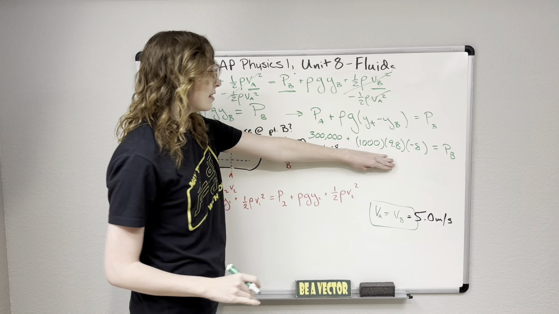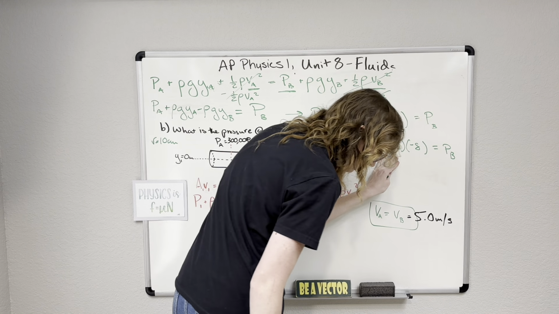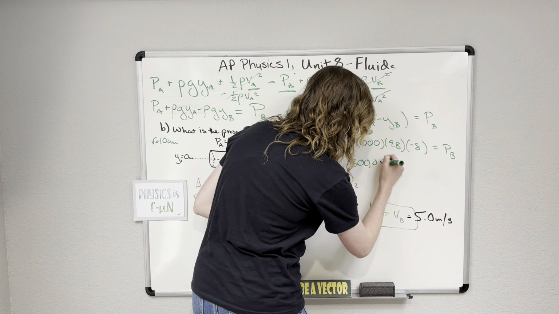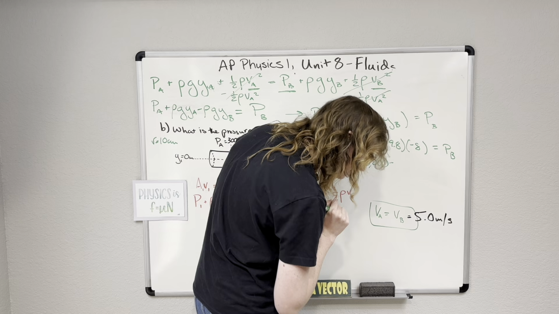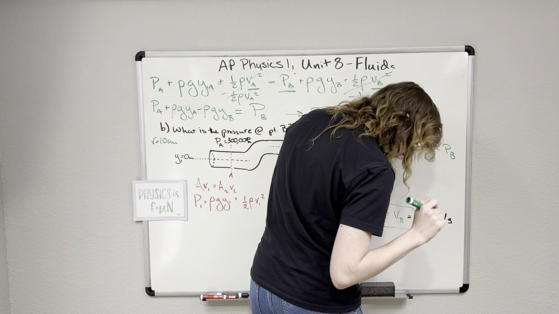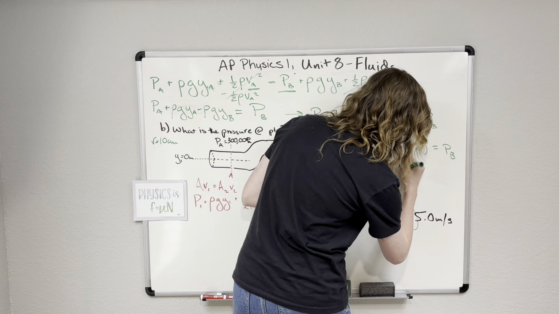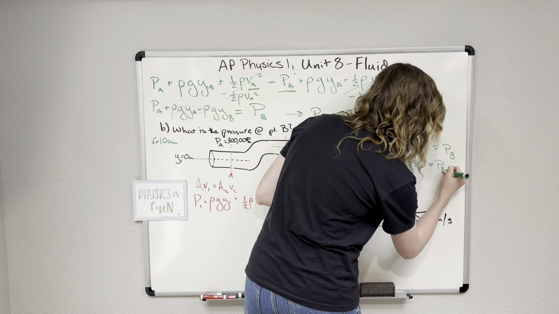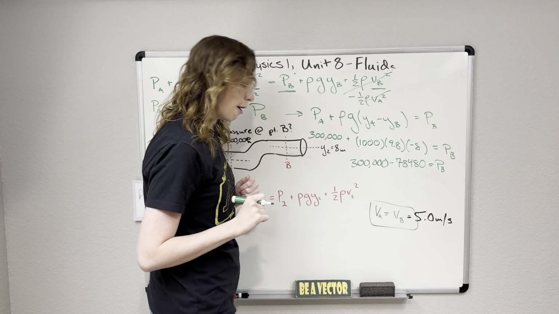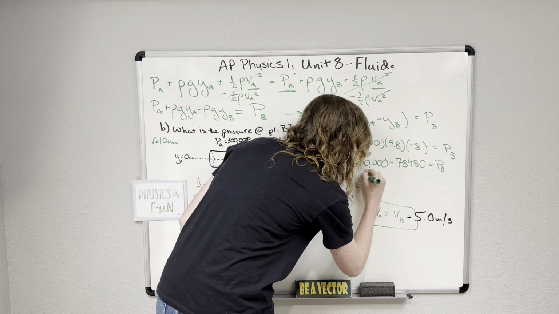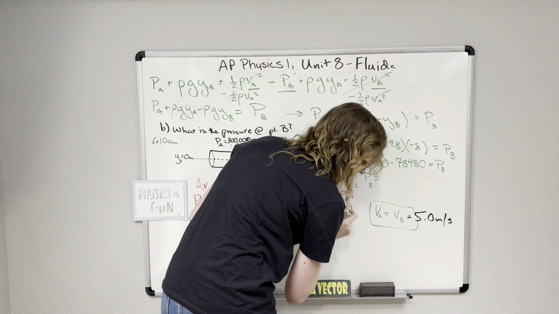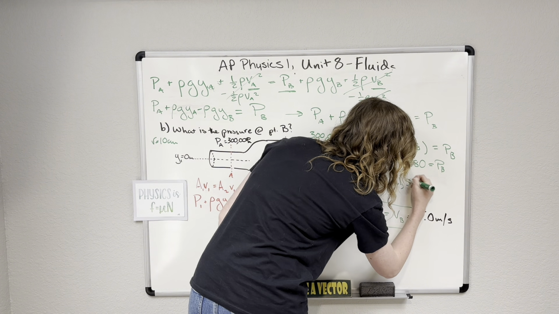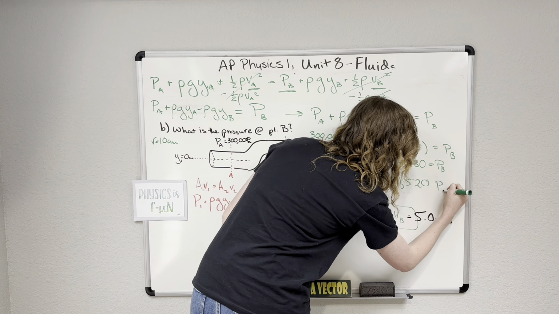And when you plug this all into your calculator, you end up getting that this is 300,000 minus 78,480 is equal to my pressure at point B. And then when we solve for it, we end up finding that my pressure at point B is equal to 221,520 pascals.